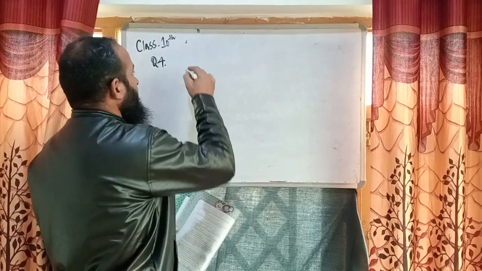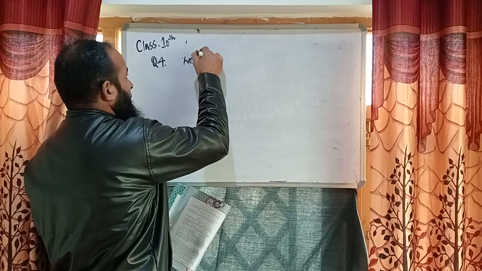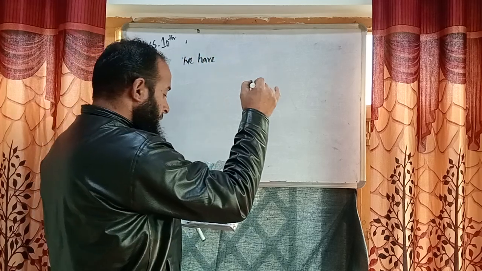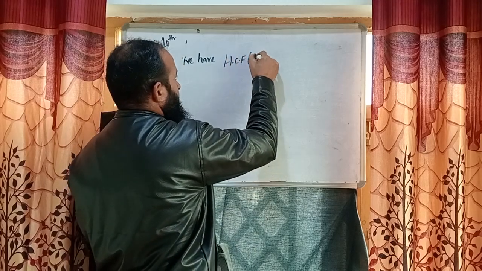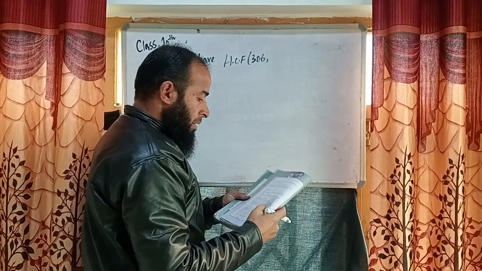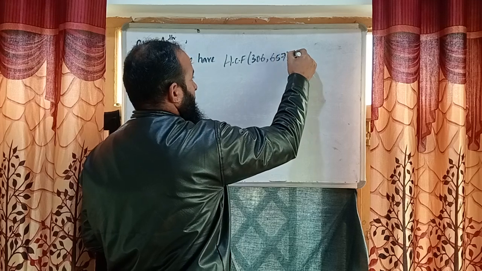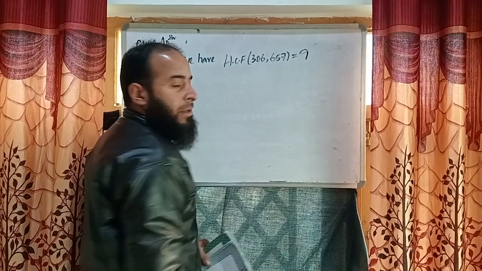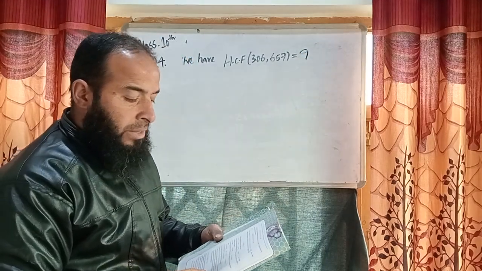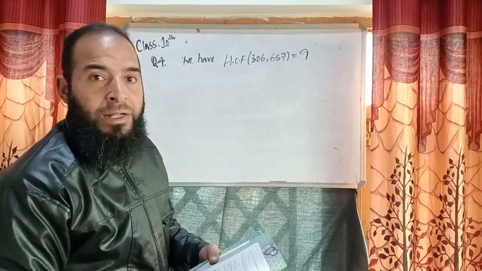Given that, we have HCF of 306 and 657 is equal to 9. It is given. Given that HCF of 306 and 657 is 9, we have to find the LCM.